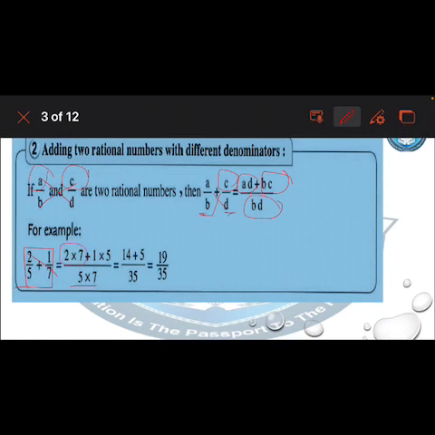Second, I will take the second numerator 1 and multiply it with the first denominator, 1 multiply 5. So the answer will be 14 plus 5 over 35, which will be 19 over 35.